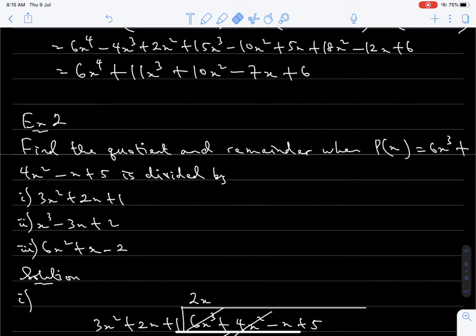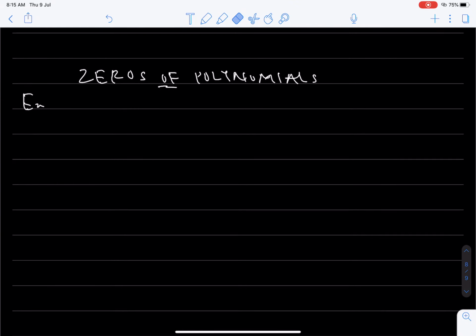We already had 2 examples. Let me call this example 3, our third example so far. Find the values of the variable which satisfy the equation when the polynomial is equated to 0. Let's see how that's done.